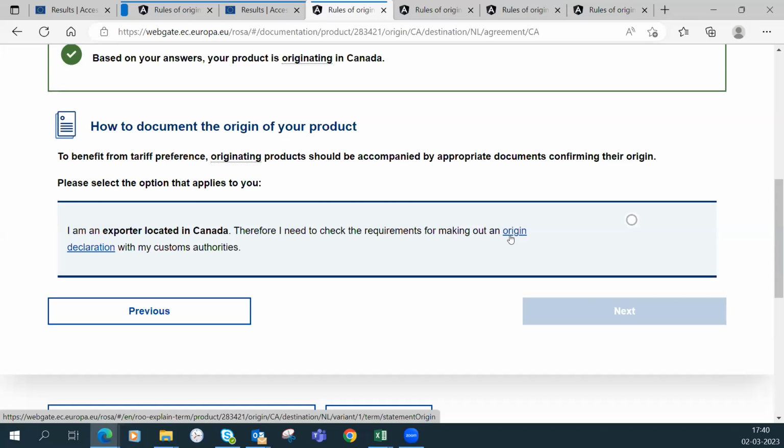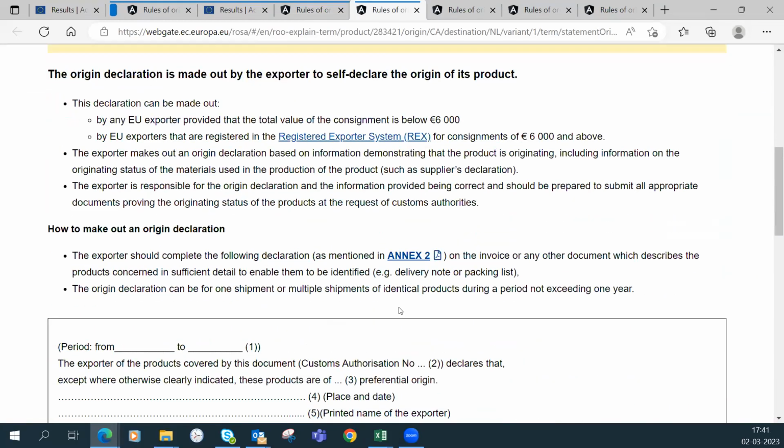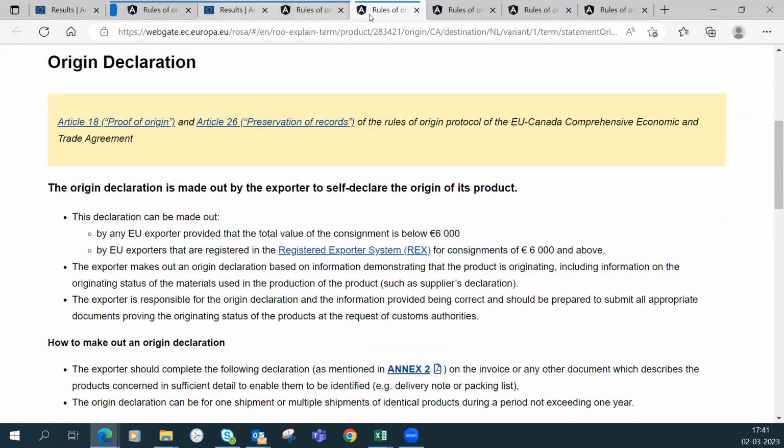We just discussed that in the past, but in Canada, the conditions are a little bit different. There you need to check what the conditions are to be allowed to make an origin declaration. Anyway, for the origin declaration, you have the explanation of how to fulfill the conditions. So for the EU exporter, you need to be registered. For a Canadian exporter, you need to check with the customs authority.